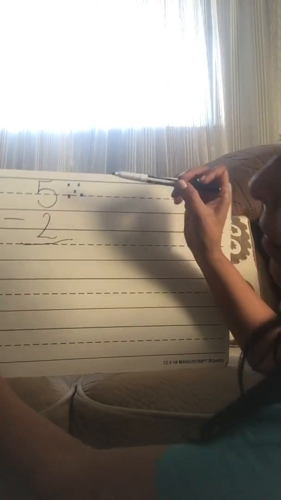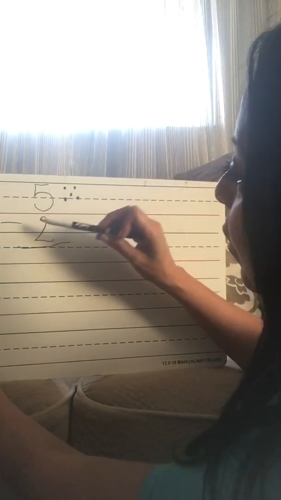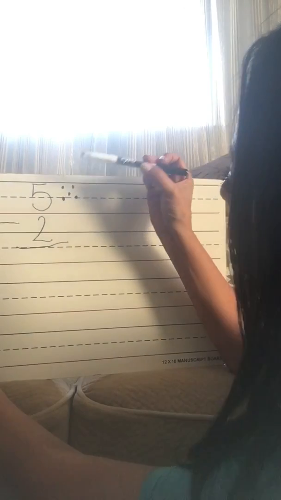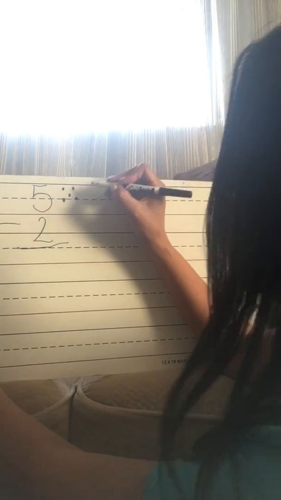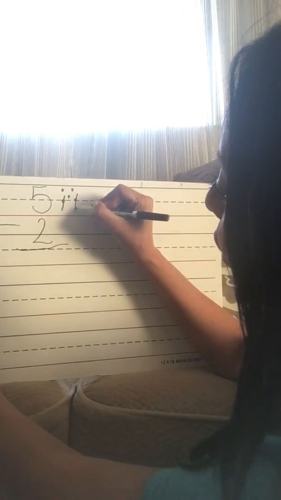So here, the difference, we have 5 dots. 1, 2, 3, 4, 5. And then we're going to subtract 2 because that's the bottom number. So I'm going to cross out 2 dots. 1, 2.